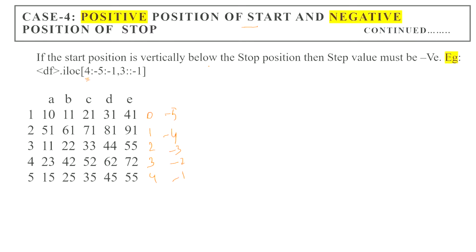Now we are starting from 4. Where is 4? 4 is here. So here is our start. And where is our stop? It is -5 here. So here you see start is below. In this case, our step will be negative.